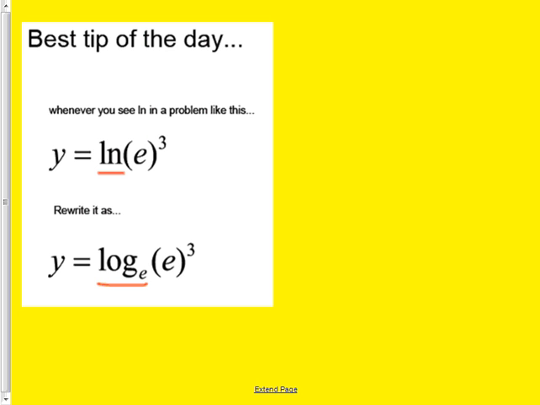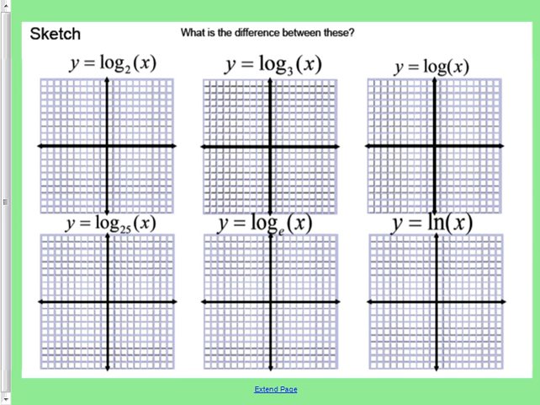Next slide. It's just the best tip of the day. If you get nothing else out of today, whenever you see this, you put that, and then you'll go, wait a minute, those are the same. So that's the answer. Okay, so how am I supposed to graph these with e's in them? Well, if you had a calculator, you just type it. But you don't want to have a calculator for this next test.